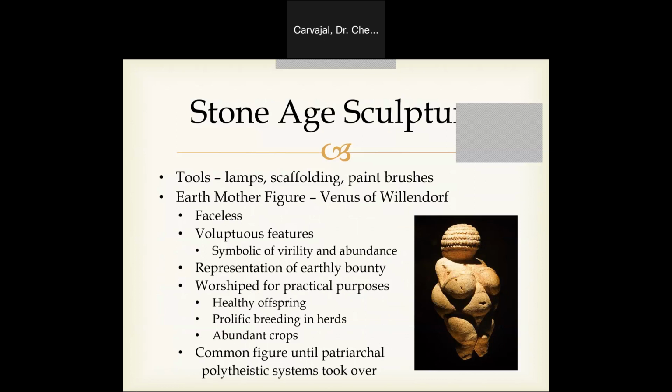Instead, she represents bounty. She represents the animals having babies that are healthy and grow into adult animals. She represents people having lots of healthy babies. She represents crops being abundant. And the assumption is that they kept the figures to pray to her and essentially give her offerings and ask for her help.